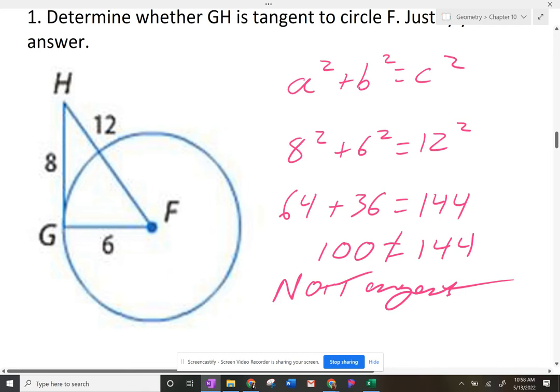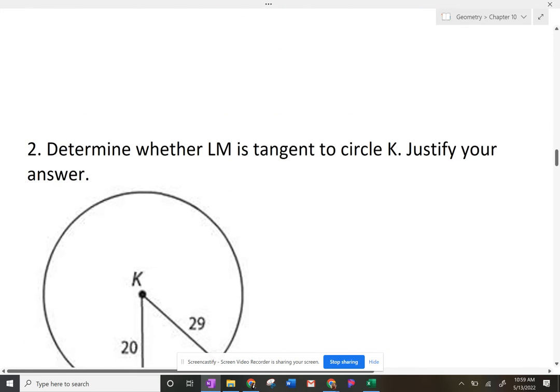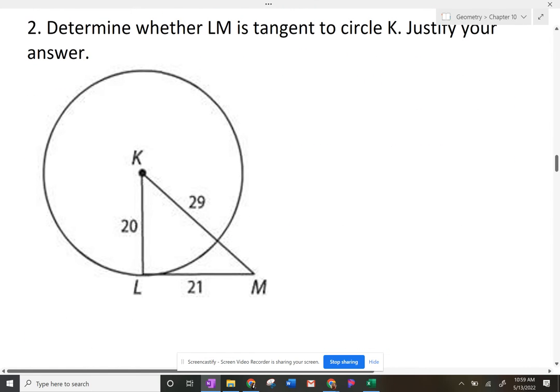Okay, so I'm going to look at another problem that looks very, very similar. So again, I have a triangle that the two legs are 20, 21, and the hypotenuse is 29.